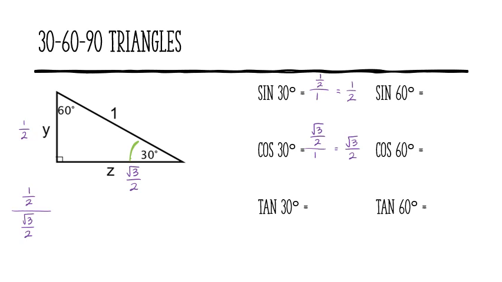But I want to remind us that when we are dividing by a fraction like this, we could also just multiply by that reciprocal. So this could be rewritten as 1/2 times the reciprocal of that denominator, which would be 2 over the square root of 3. So we'd be looking at 2 over 2 root 3.